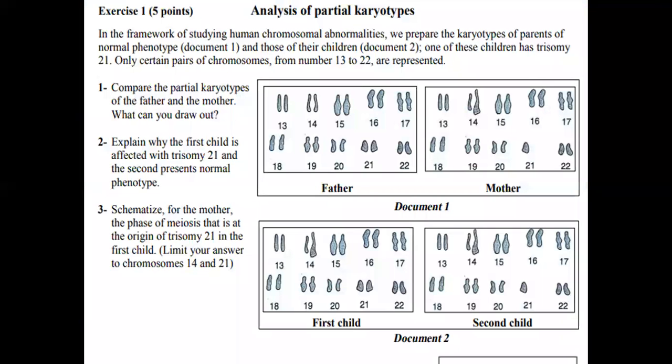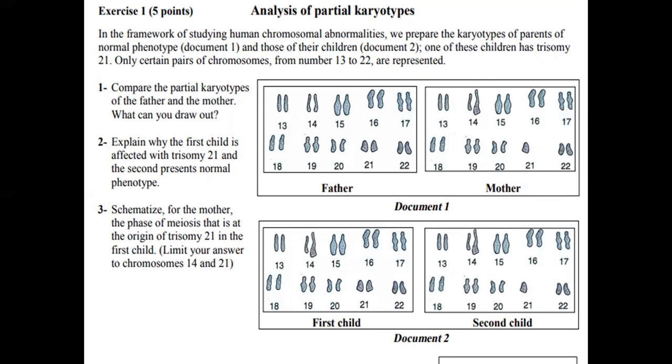So in this exercise we have analysis of partial karyotypes in the framework of studying human chromosomal abnormalities. We prepare the karyotypes of parents of normal phenotype. The parents' karyotypes are shown in document 1 and those of their children in document 2. One of these children has trisomy 21 and the other is normal.